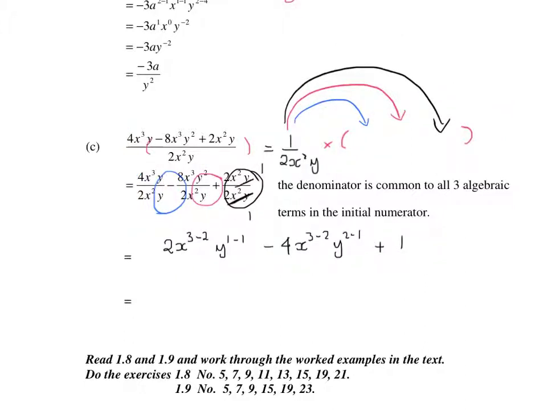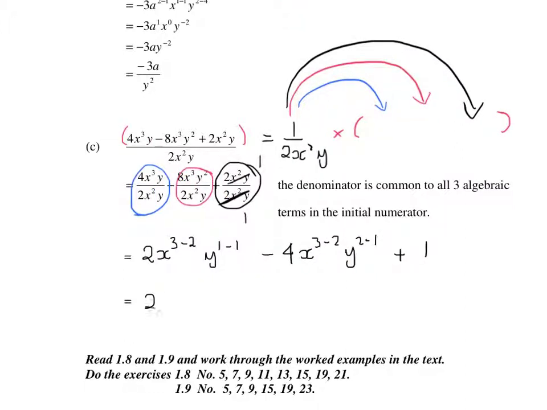So now simplifying the previous line of working, by evaluating those exponents, we will have 2x to the power 1, so we can just write it as x, y to the power 0. Now y to the power 0 is 1, so we can actually remove that, because anything multiplied by 2x multiplied by 1 is just 2x.